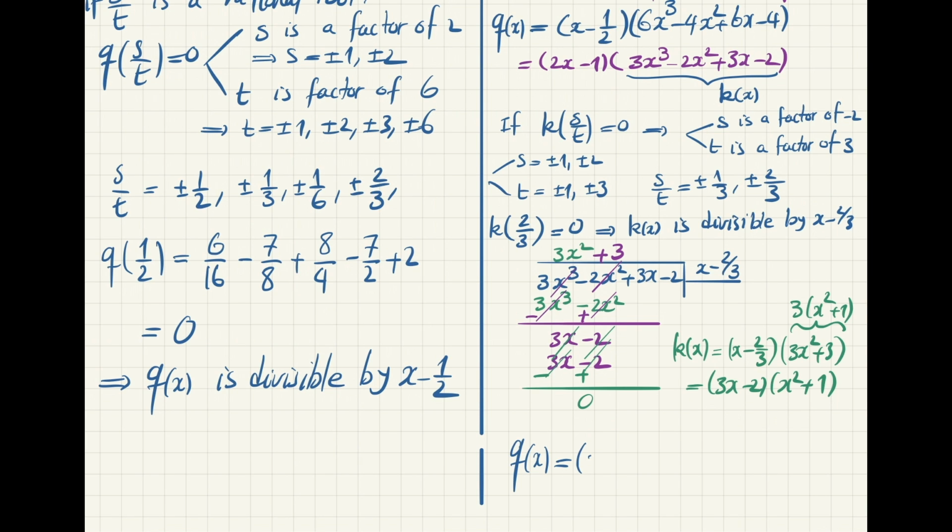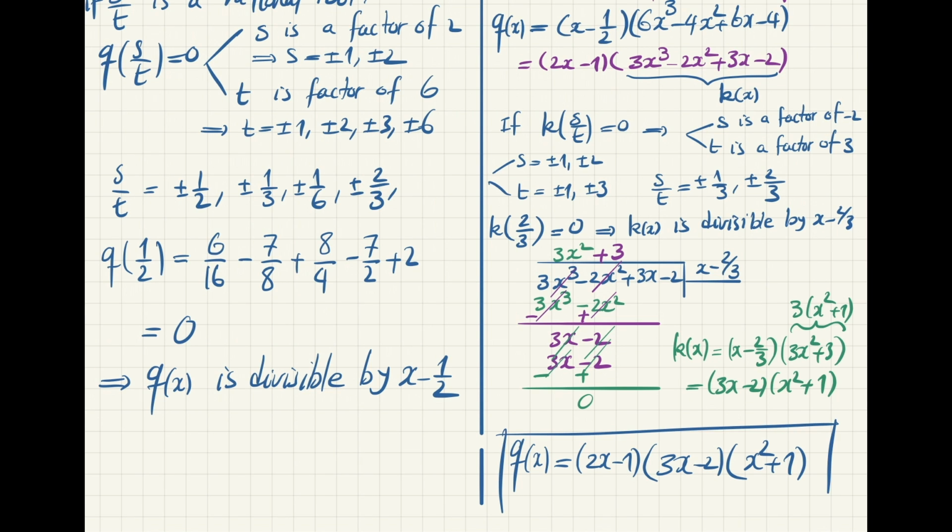So it is 2x minus 1, and then 3x minus 2 multiplied by x squared plus 1. And you know that x squared plus 1 cannot be factorized over the set of integers. You need complex numbers to be able to factorize this.